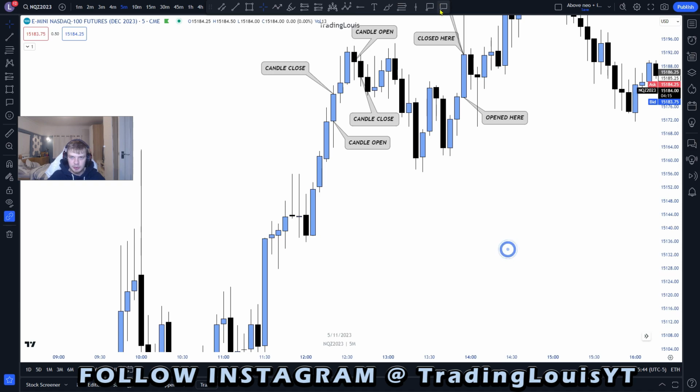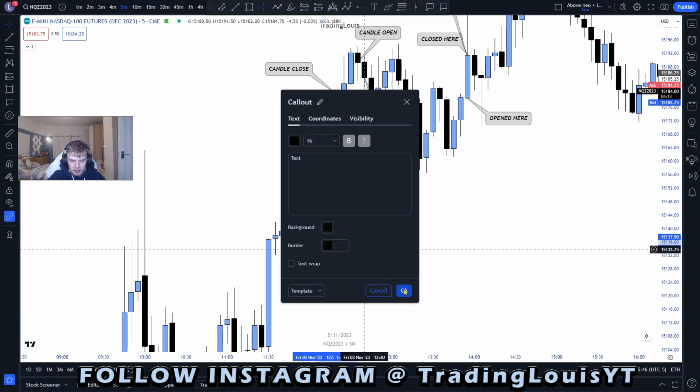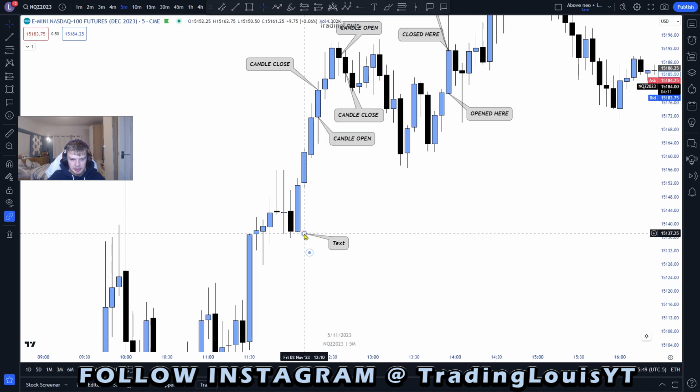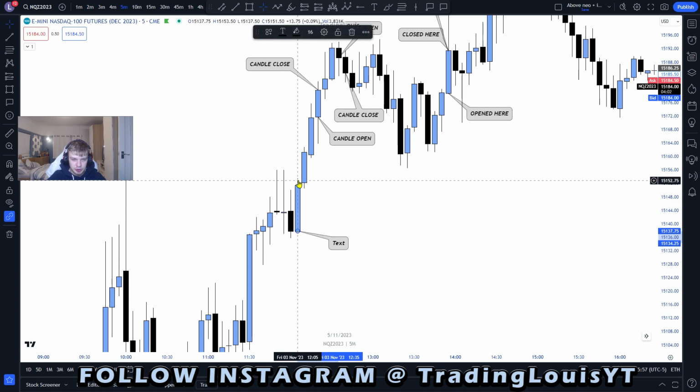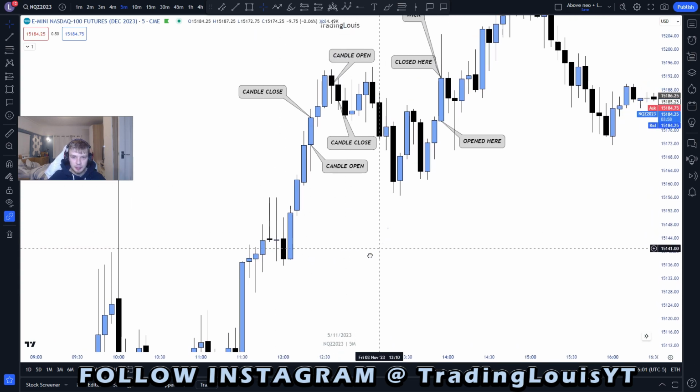For example, this candle, there is a tiny wick, but you can barely see it. All that means is the price has opened at the bottom here because it's a bullish candle, and then the price has not come back to the downside. It has just gone straight up, and yeah, that is a strong bullish candle.